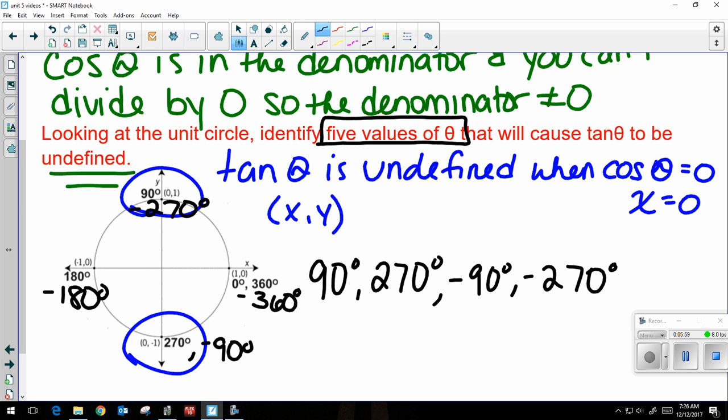So we've got to get 1 more because they wanted 5. So if I go coterminal in the other direction, I'm going to keep adding. So that means that I went 0, 90, 180, 270, 360. So now from 360, I have to add another 90 degrees to get up to that quadrantal angle in between the first and second quadrant.